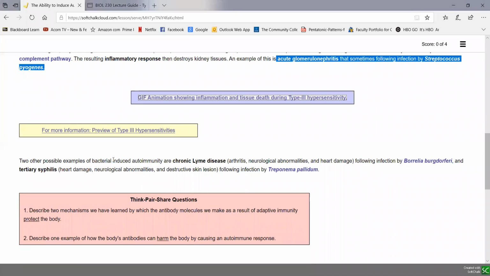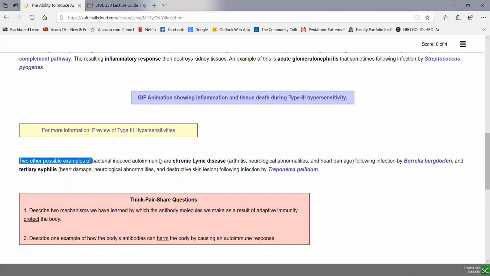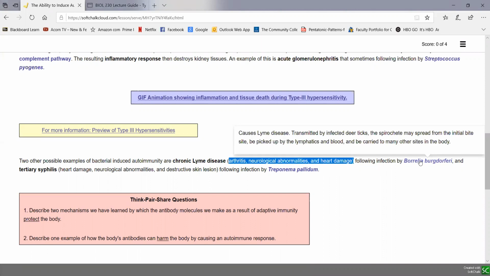A couple other possible examples of bacterial-induced autoimmunity. We think that's some of the problems that occur with chronic Lyme disease. The arthritis, the neurological abnormalities, and the heart damage appear to be autoimmunity followed by infections of Borrelia burgdorferi, the spirochete responsible for Lyme disease.